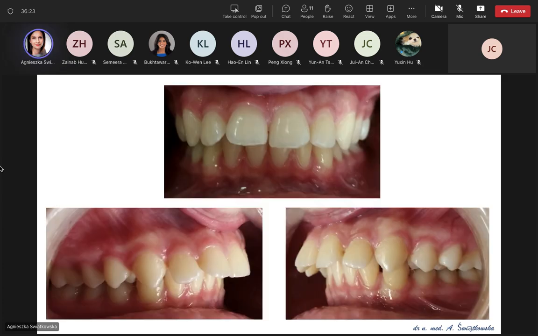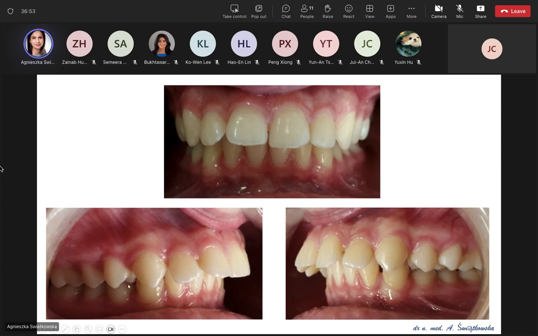This is our patient. I hope that you recognize that this patient has class 2, division 1. Why division 1? Because we have protrusion of central incisors. Look at the overjet, it is huge, but what's atypical here? You see, we have scissor bite on both sides. What does it mean?